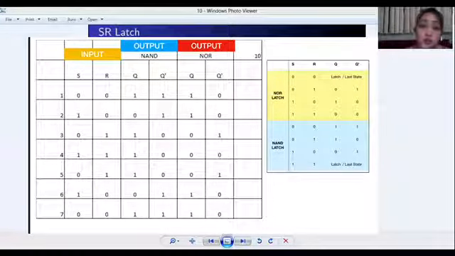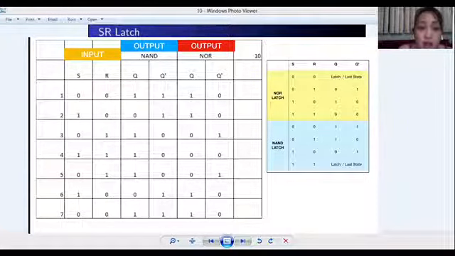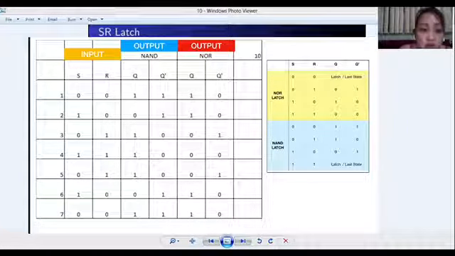For those who have experienced my CSO subject, nagawa na natin to doon. So, if the input, there are two columns, the NAND and the NOR latch. Here in the NAND latch, okay, when the input is 0, 0, in NAND, kapag 0, 0 siya, dapat 1, 1.